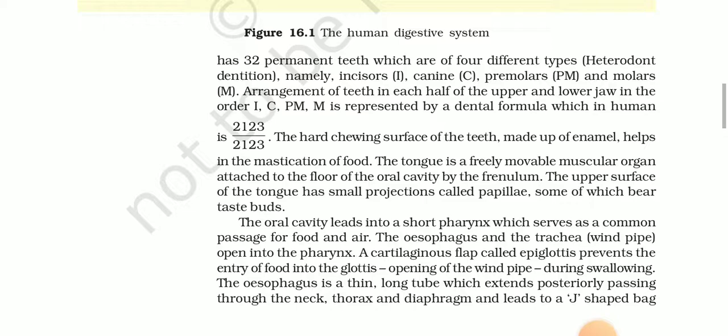The surface of teeth is made up of a hard substance called enamel that helps in the mastication of food. Coming to the tongue, it is a freely movable muscular organ attached to the floor of the buccal cavity by frenulum, and the surface of the tongue has small projections called papillae, and inside these papillae are present the taste buds.